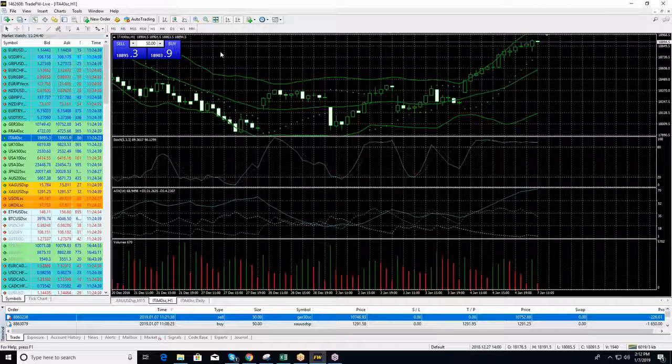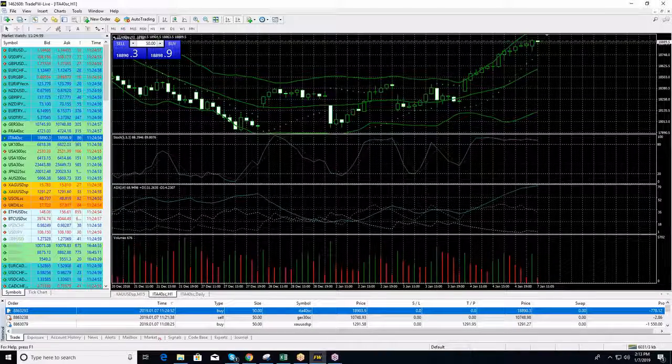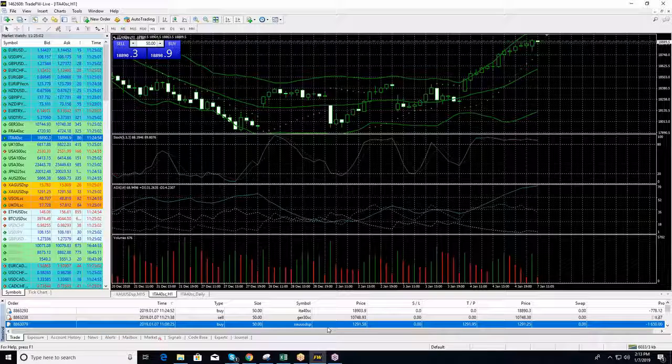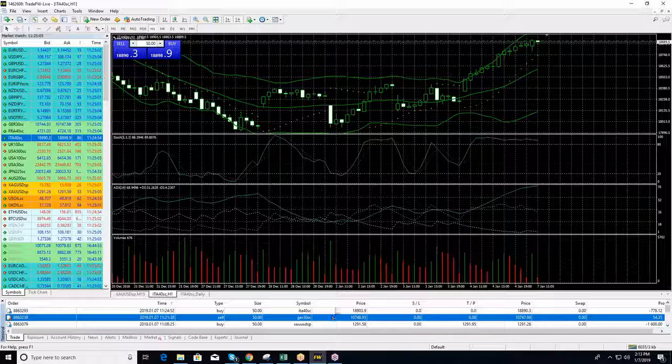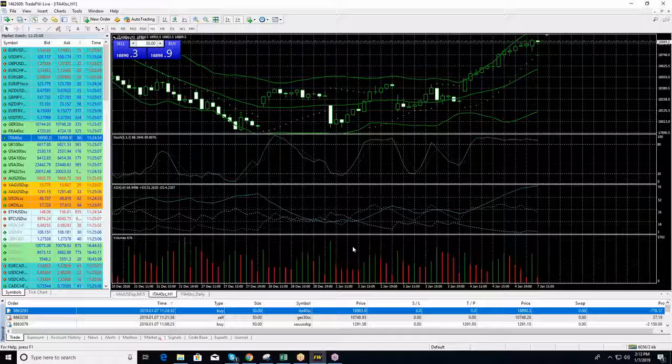Normally, the indices, they move in similar patterns, but today it looks like DAX totally dropped and Italy 40 is up. So we go long on Italy 40. We just opened a long position on Italy 40, so we have 3 positions open. We are long on gold, we are short on DAX, and long on Italy 40, because look at this picture.